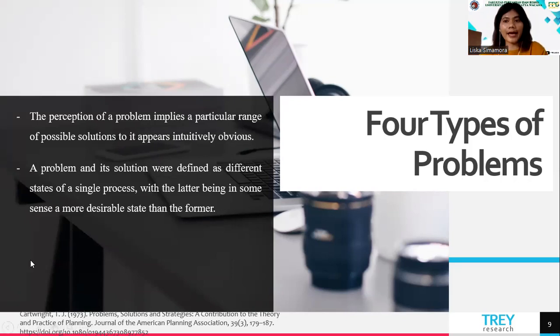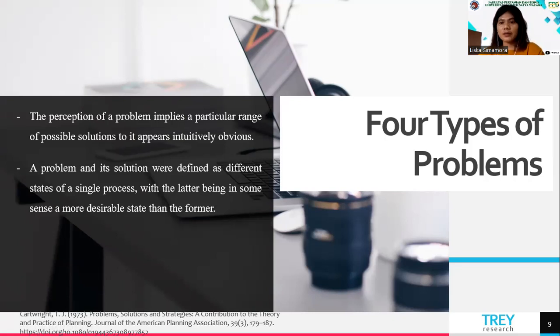A problem and its solution were defined as different states of a single process. Okay, so problem and solution are a process, and they are different, of course.